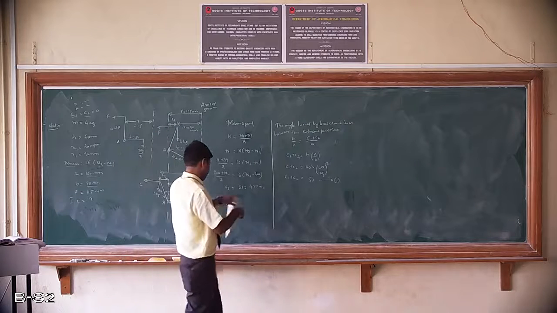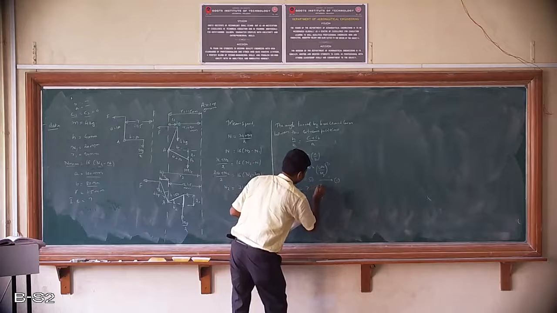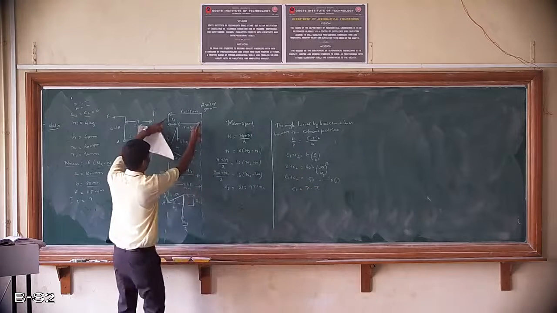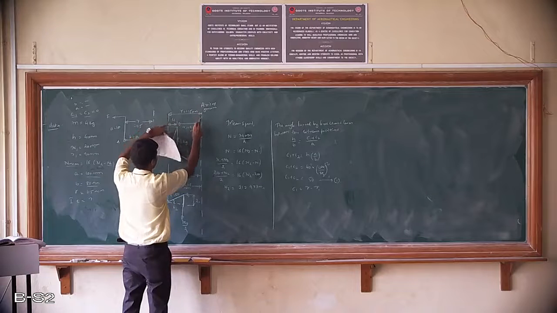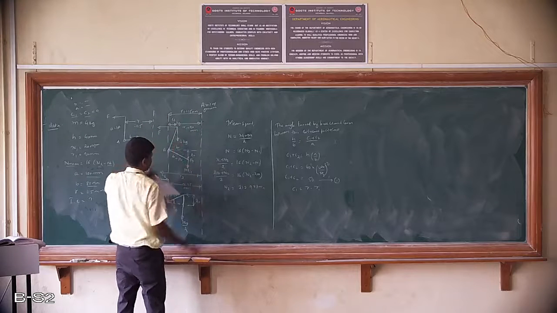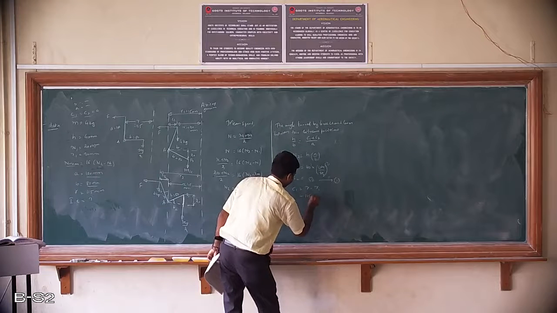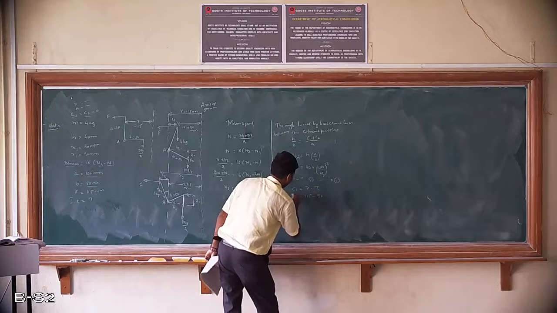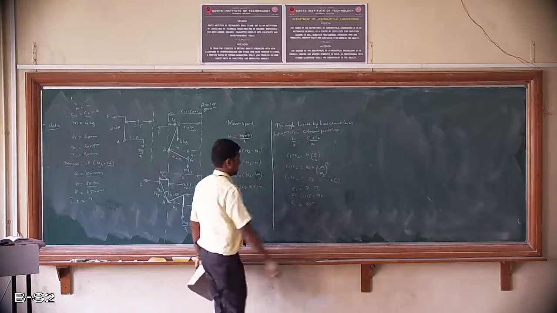So C1 is equal to R minus R1. This is total R, this is R1, and this minus this will give us this value. The value of R is given as 115 minus R1 is 90, which is given in the figure. So C1 is equal to 25.